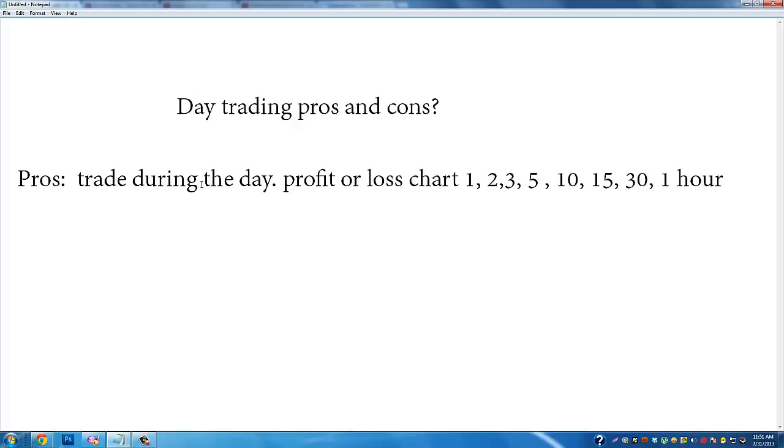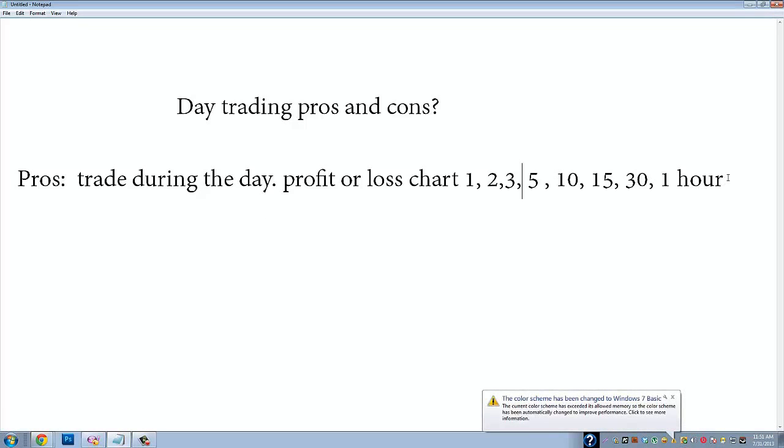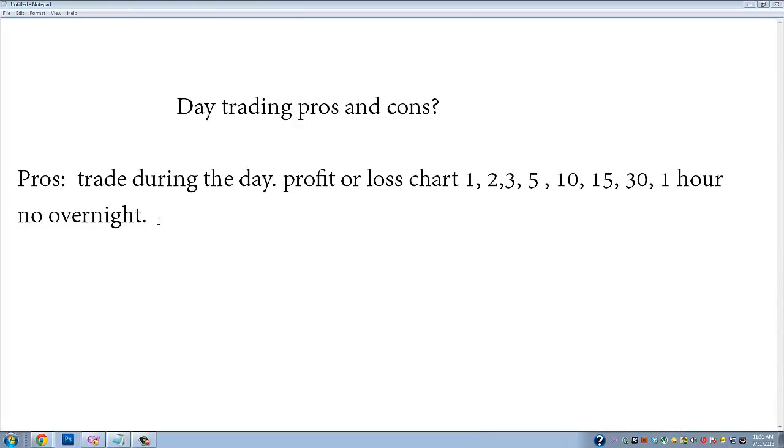Okay, the first thing is you trade during the day. It means you don't leave your trade overnight. So no overnight. Most of the time this is good. Why is it good?